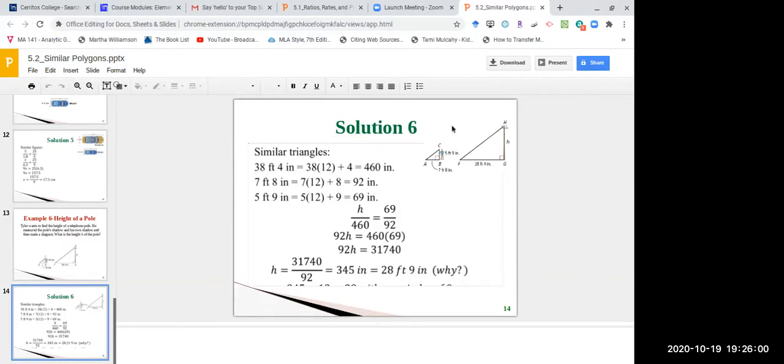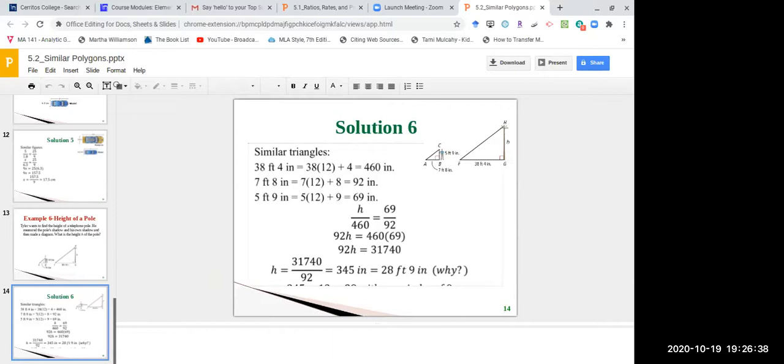So H, the height of the pole, over his height, 460 inches, corresponds to 69 inches, which is 5 feet 9 inches, over 92, which is 7 feet 8 inches, the distance from A to B. And then you solve and you find the height H of the pole.